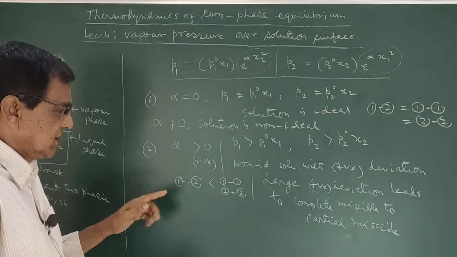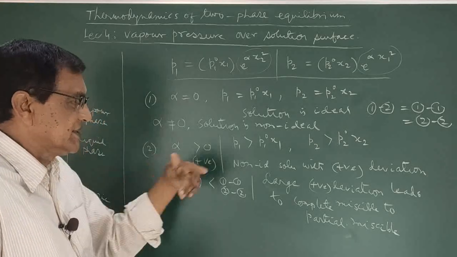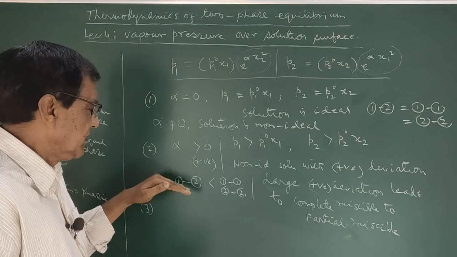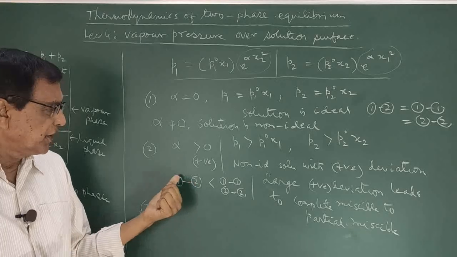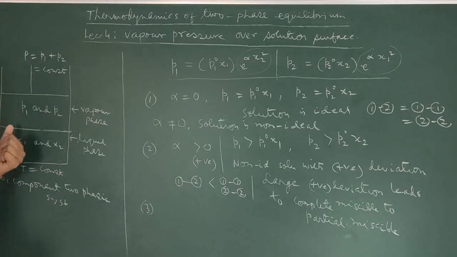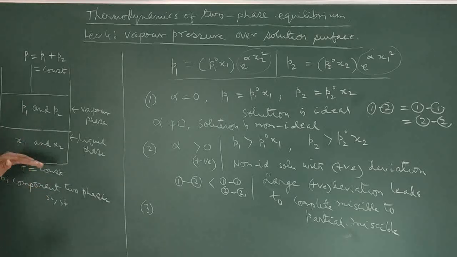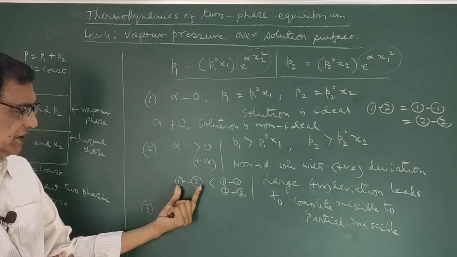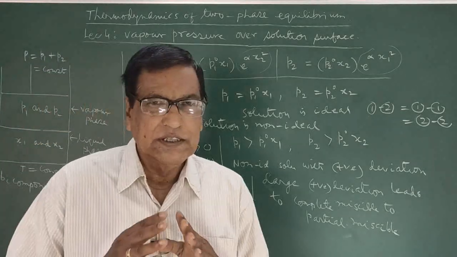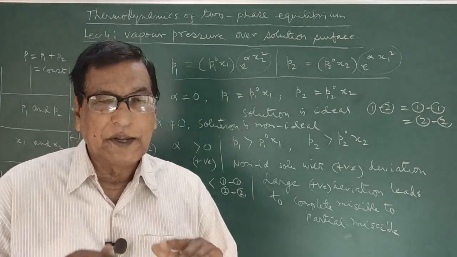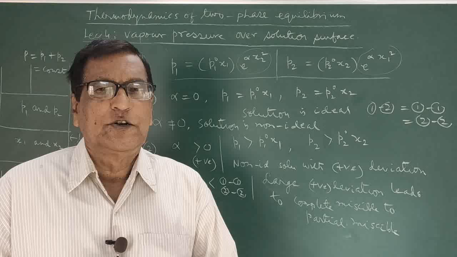So the solution is less stable, and the escaping tendency of each component from the liquid phase to the vapor phase becomes greater, as the intermolecular attraction between the two unlike molecules is small. So they do not like to remain within the liquid and have a greater tendency to be vaporized.